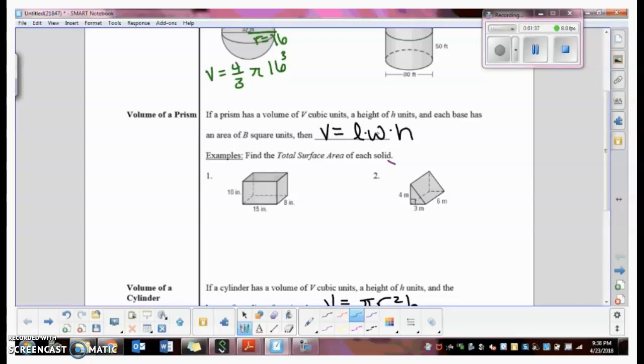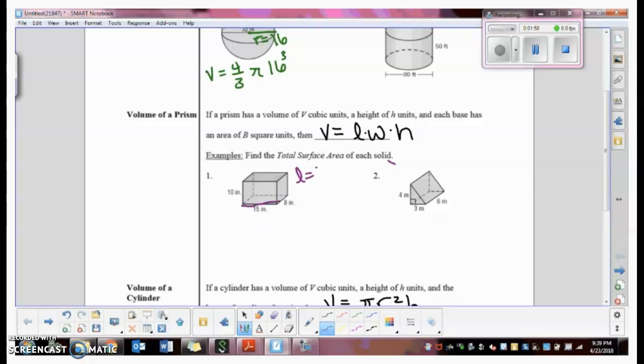You just plug in the radius. For the volume of a prism, it's length times width times height. That's what it is for a rectangular prism anyway. Essentially, it's going to be the area of your base times height.